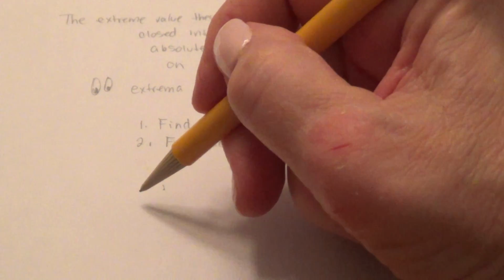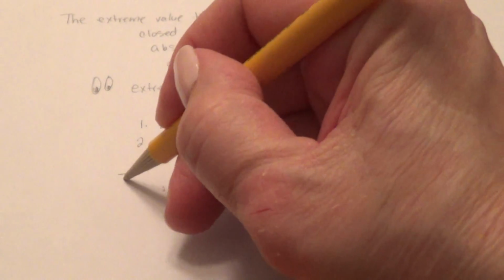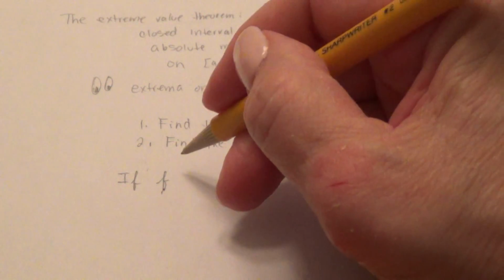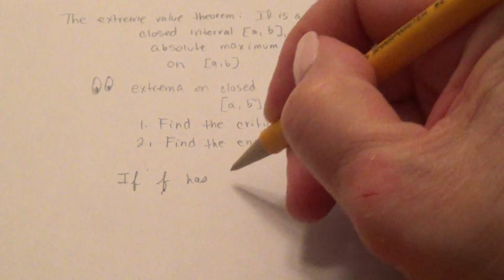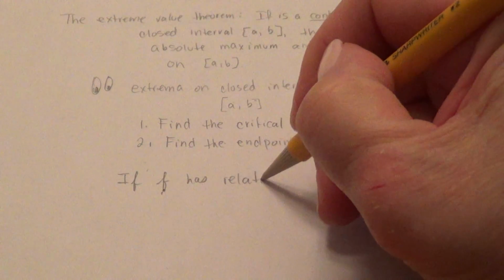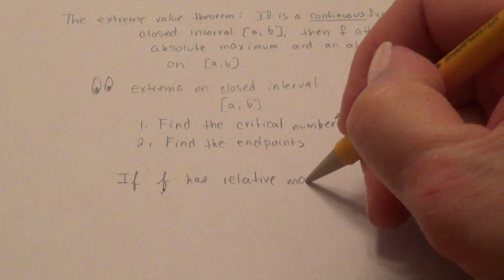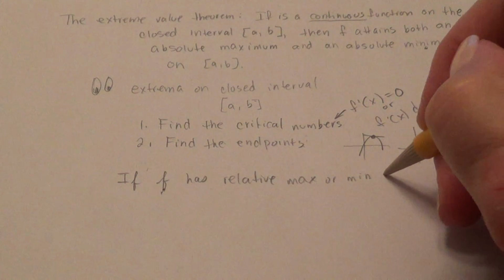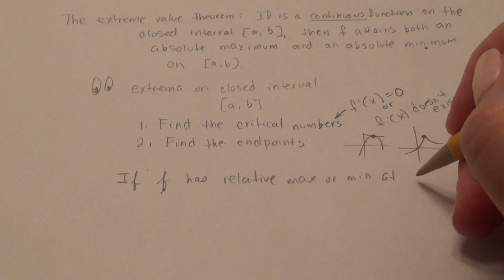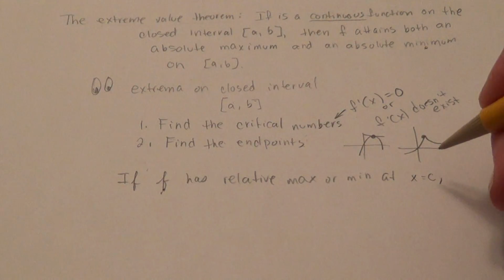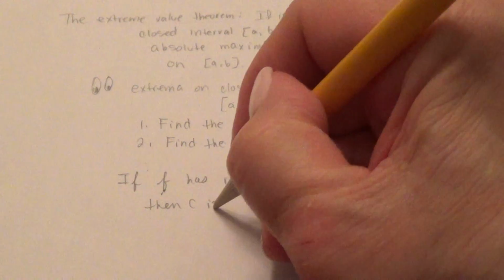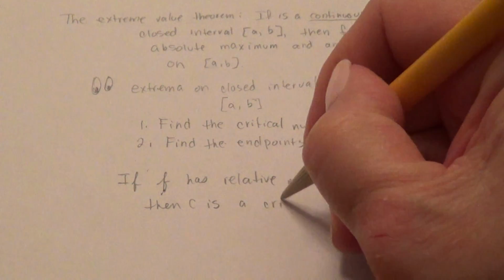Hopefully I have time to make one more point, and that is if f has a relative max or min at x equals c, then c is a critical number.